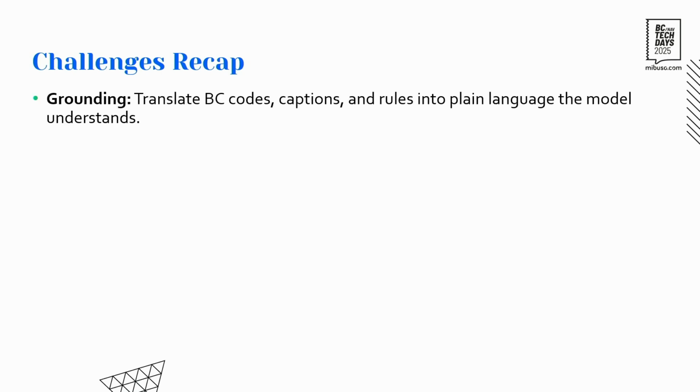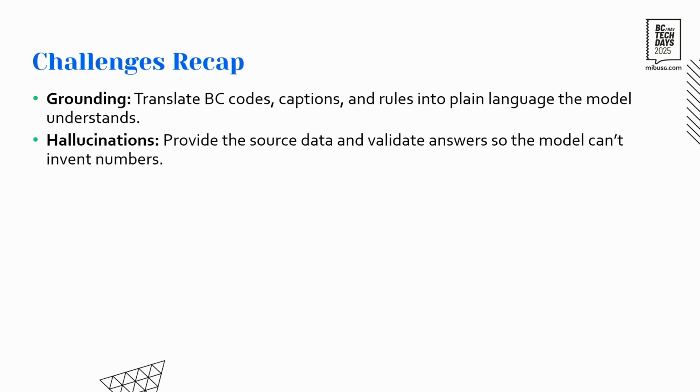To conclude, the challenges part, grounding is very important. Every environment that we have is different, so you need to give this extra context about what your Business Central is, how it's performing, by decoding the codes, the caption, and the rules that your environment follows.